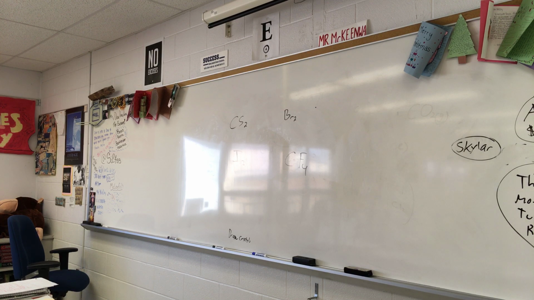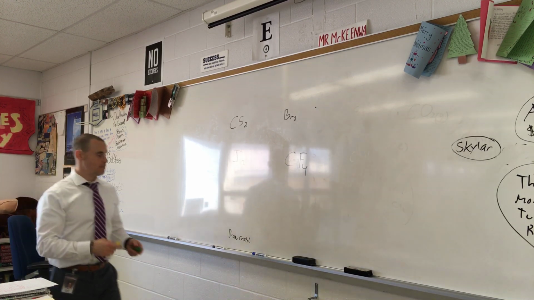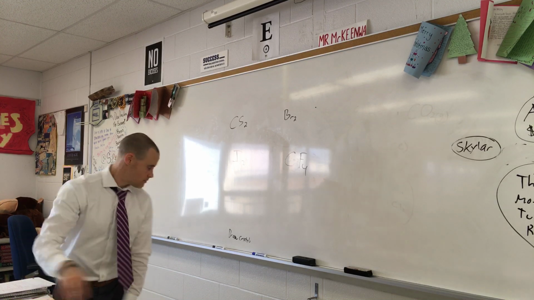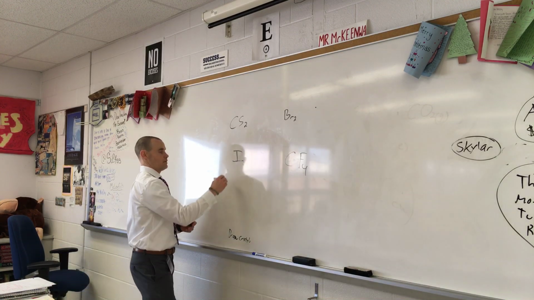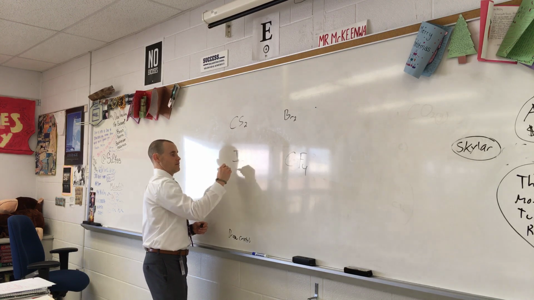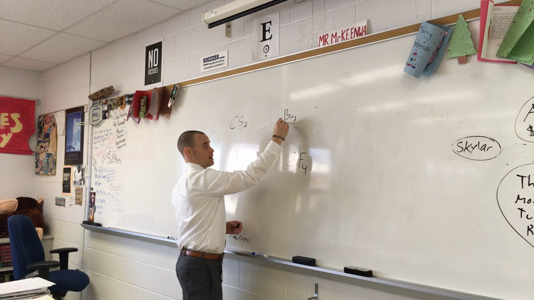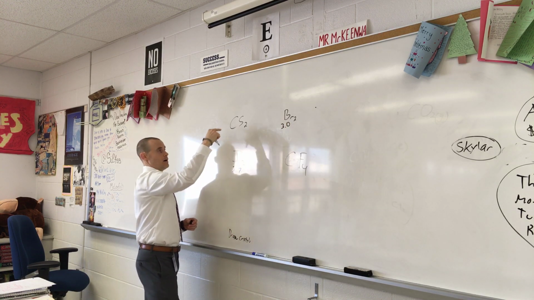The electronegativity difference, right? The difference between them is the same. So whatever Br is, I think it's maybe 3, and I is like 2.8. So, you know what? Let's look these up. Someone look up Br and I for me, please, so we have the right numbers written down. I is 2.7 and Br is 3.0.